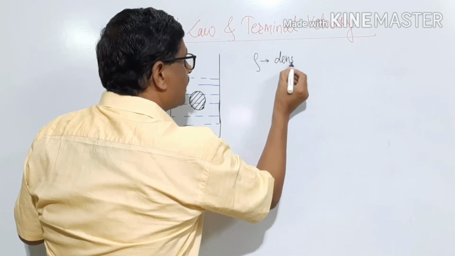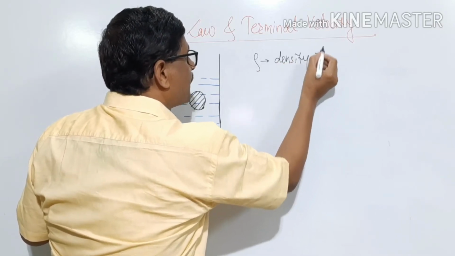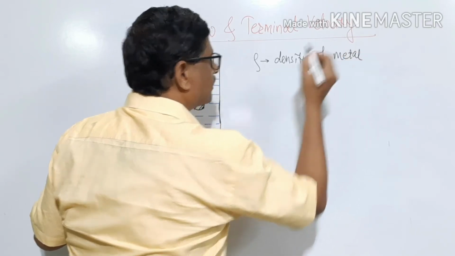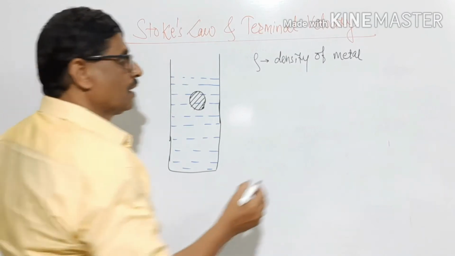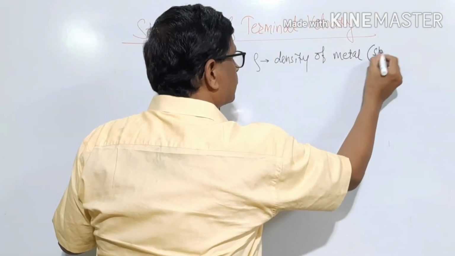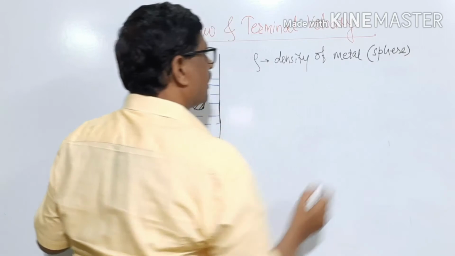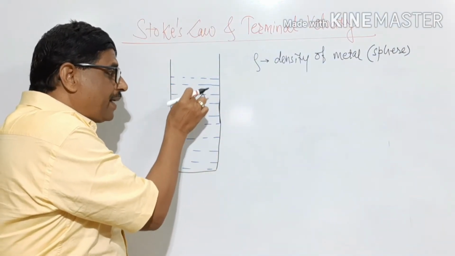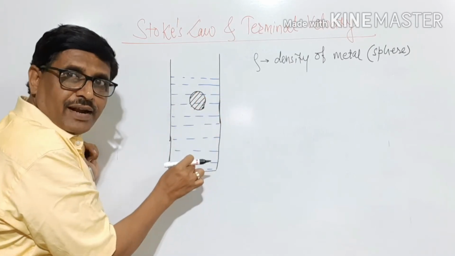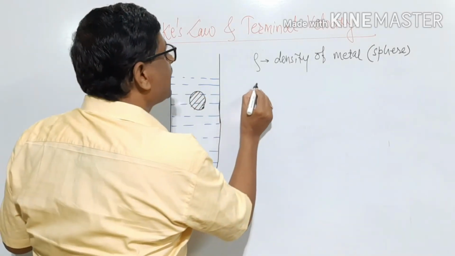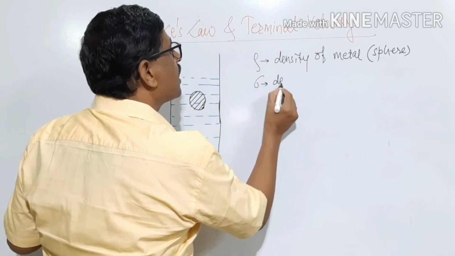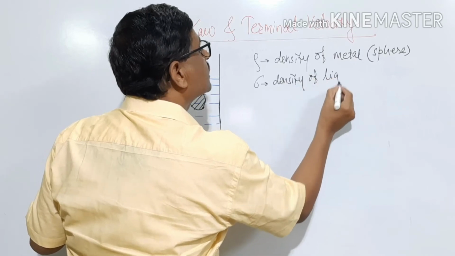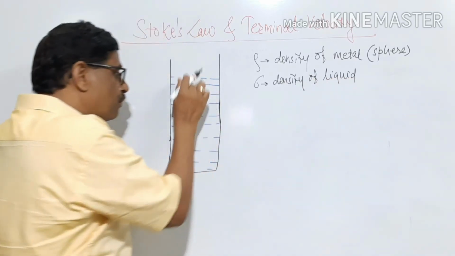Rho is the density of the metal of the sphere. Let the spherical bob move in a liquid whose density is sigma. Sigma is the density of the liquid in which the metal sphere is moving.